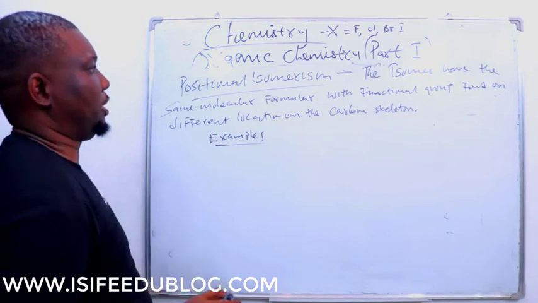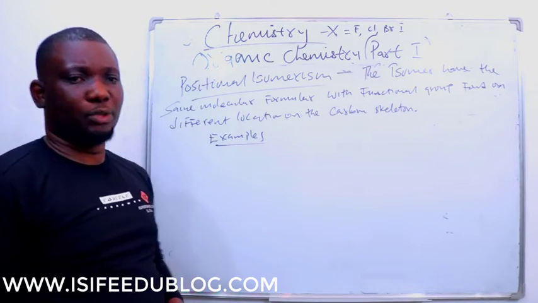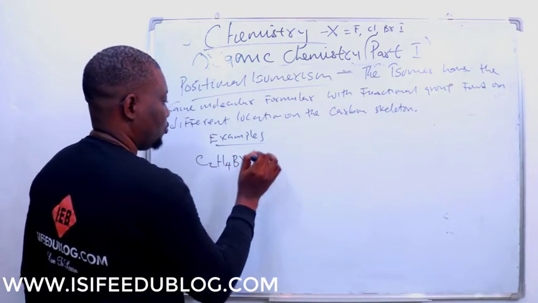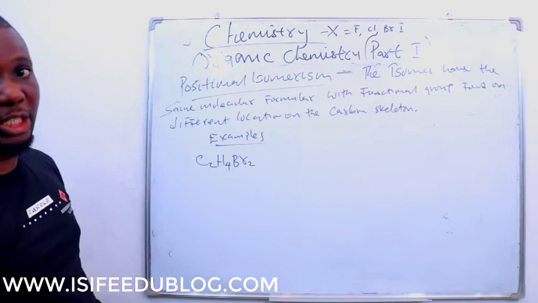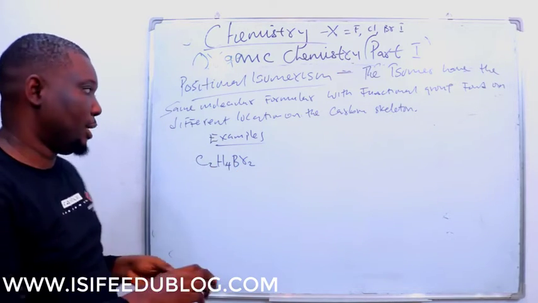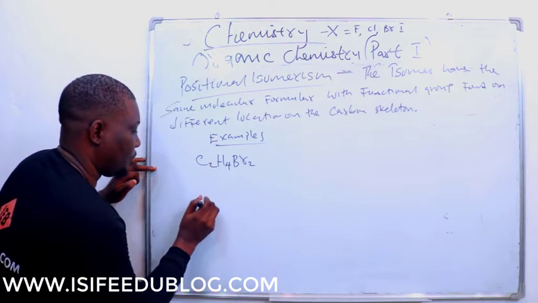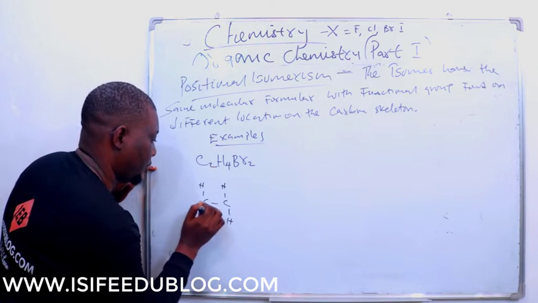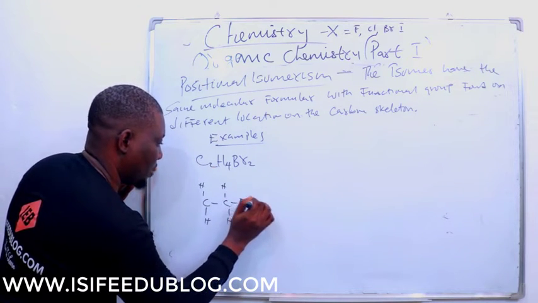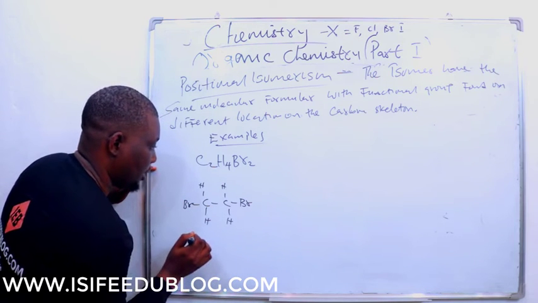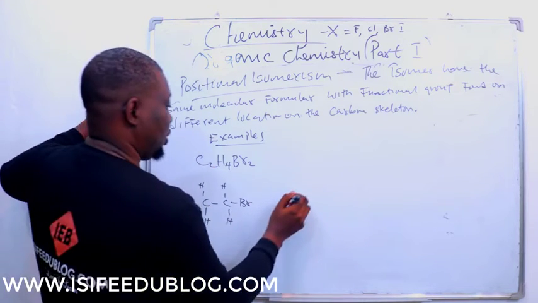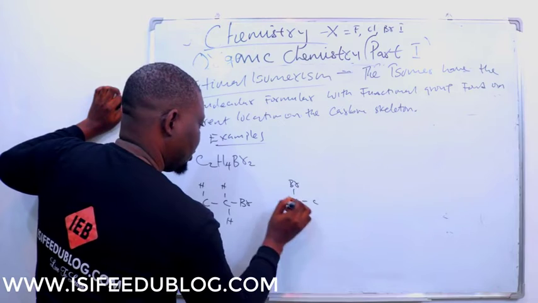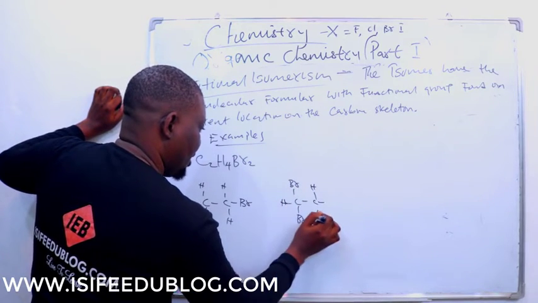How many positional isomers will be there in an organic compound with this molecular formula, C2H4Br2? The bromine there is the functional group. Okay, so let's see how many possible isomers there will be. C2, H4, and you have bromine here, 1, bromine here, 2. But if I try to change the bromine to be on the same position on the carbon chain, so it's only the bromine that is being changed.